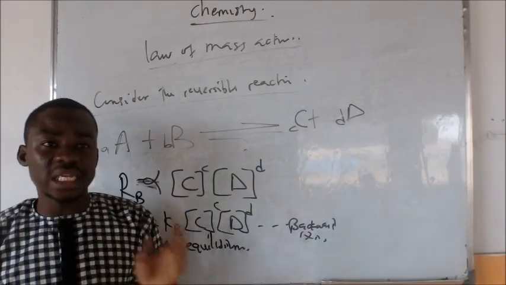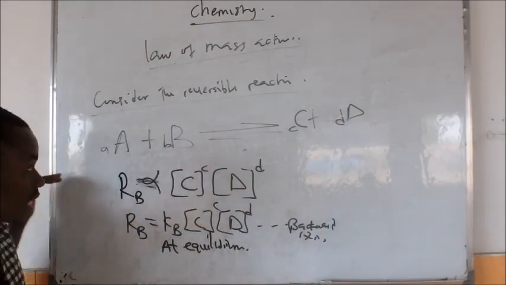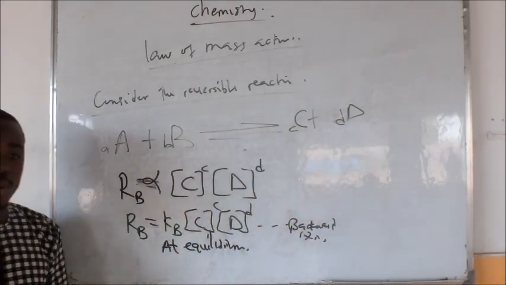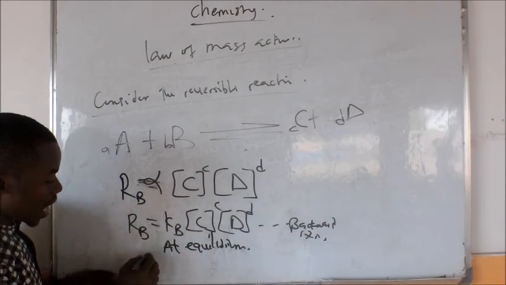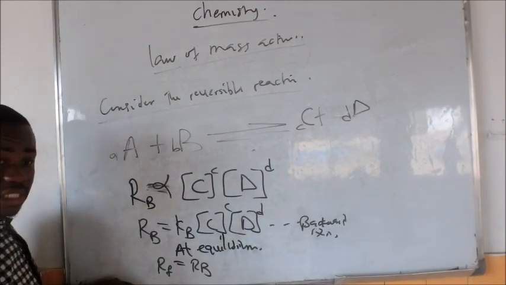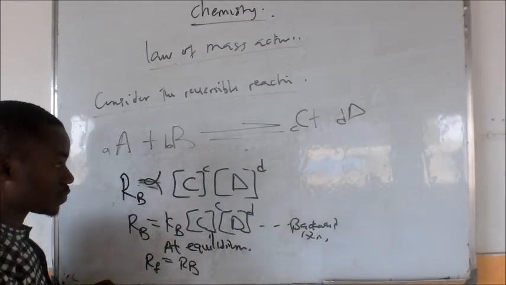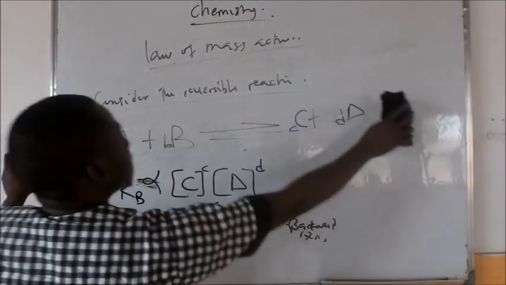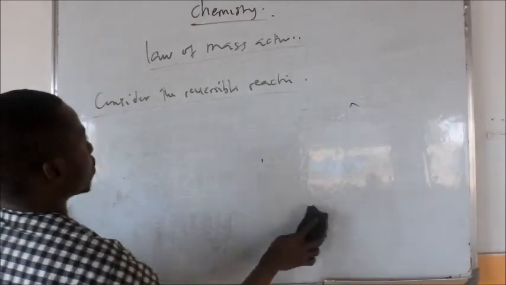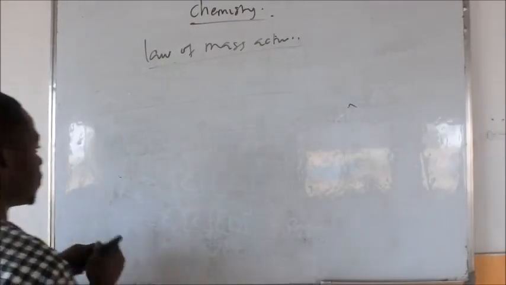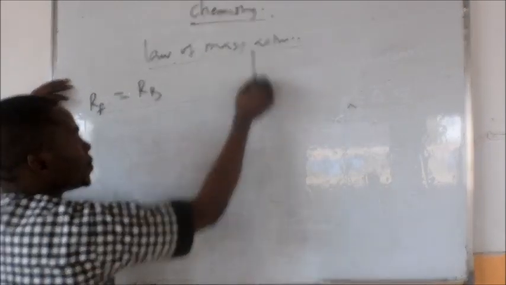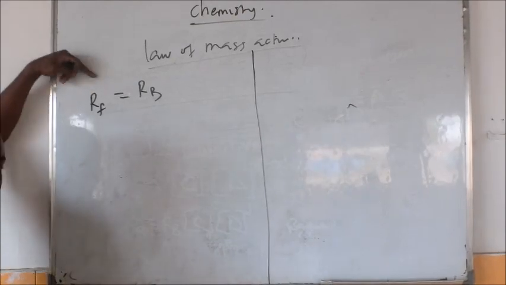I made you understand that at equilibrium, the rate of forward reaction is equal to the rate of backward reaction. That is, Rf is equal to Rb.